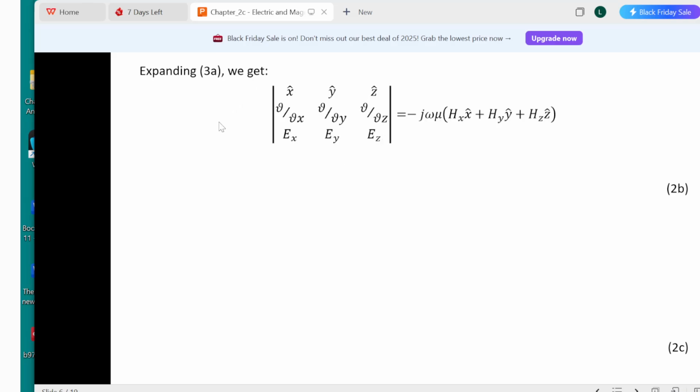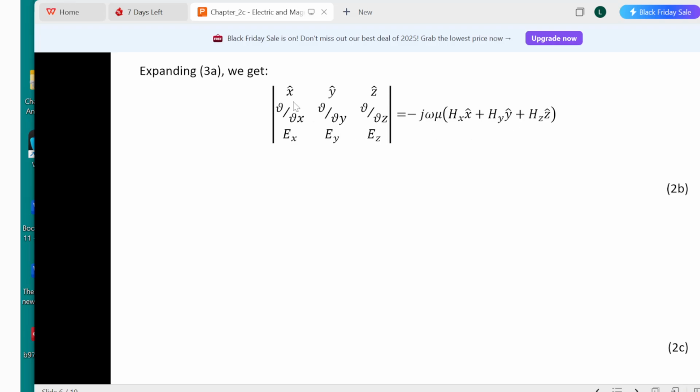As we represent the curl in determinant form, we get this on the left-hand side, and the right-hand side of the equation is just like this.